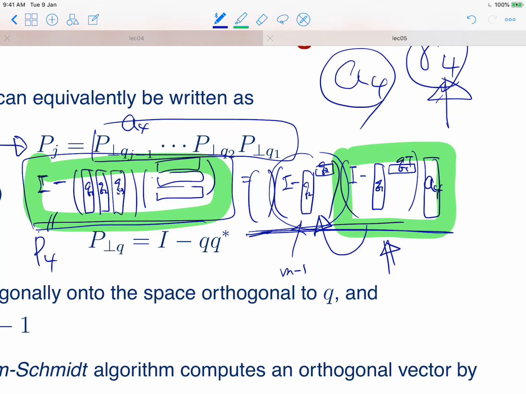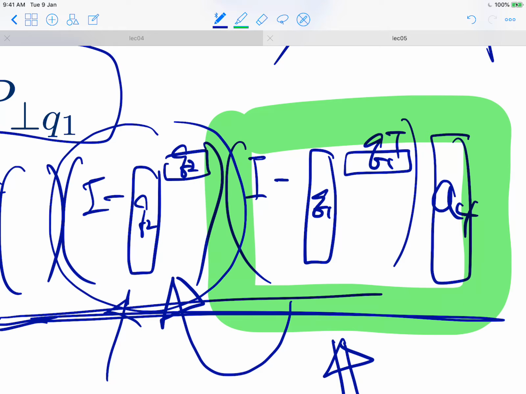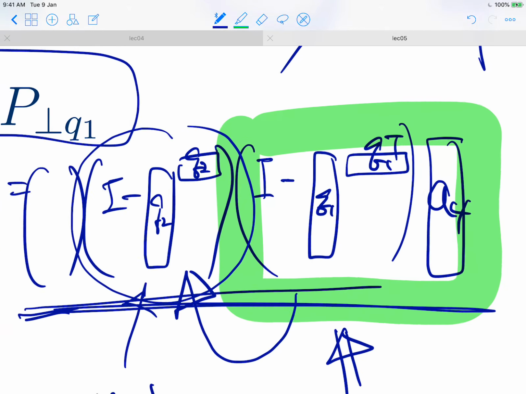Okay, so I leave the proof to you guys, but you can just rewrite these equations in this product form. Then you can just rewrite it, distributing these multiplications and rearranging them, and then we can easily obtain this due to the fact that Q1 and Q2, or any other two Q's, are orthonormal, or their inner product will be 0.